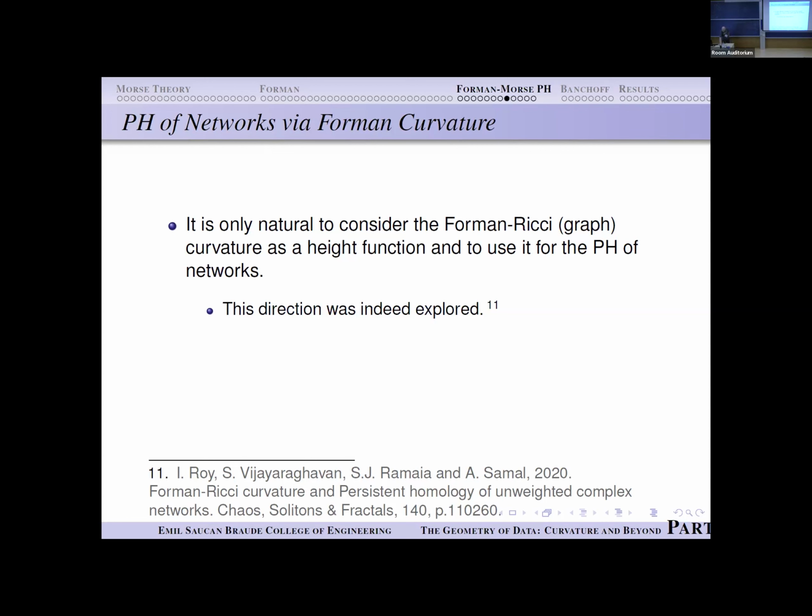And we should remember that Forman also did Ricci curvature. And we saw that it's very natural to take it into account and do also persistent homology using this thing. So that's what we know after yesterday's talk.